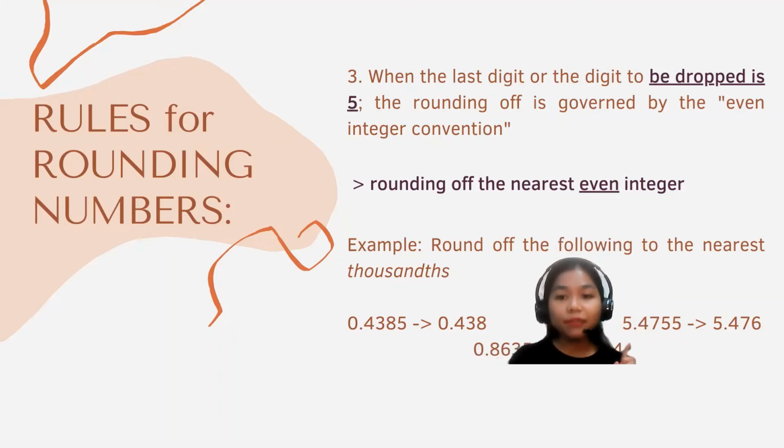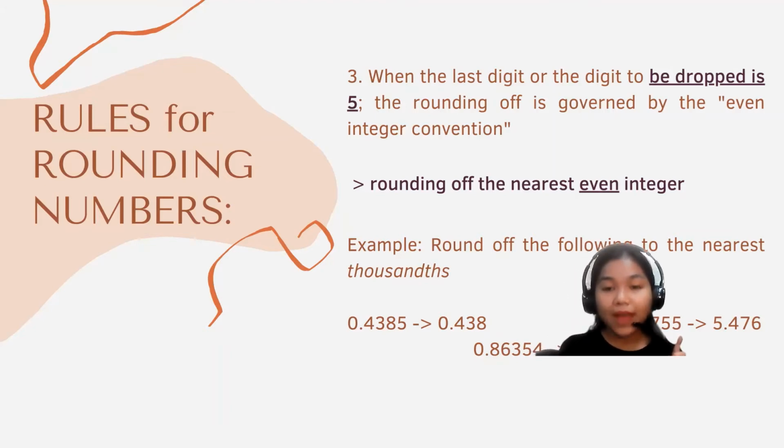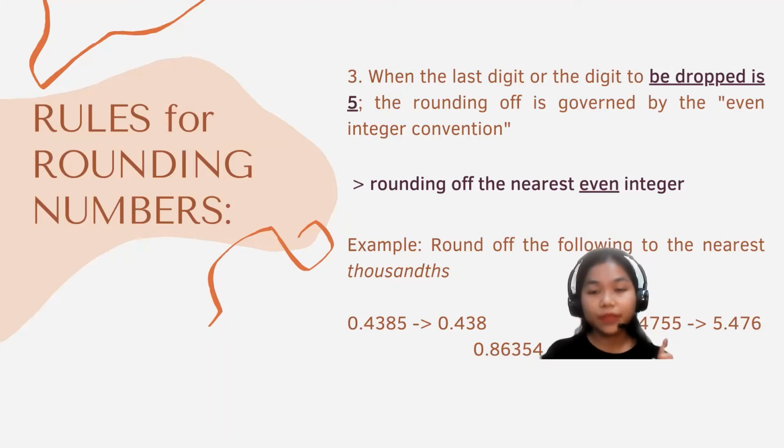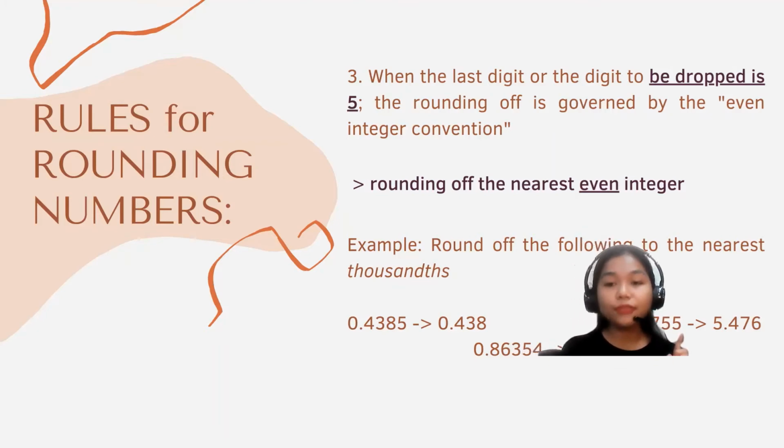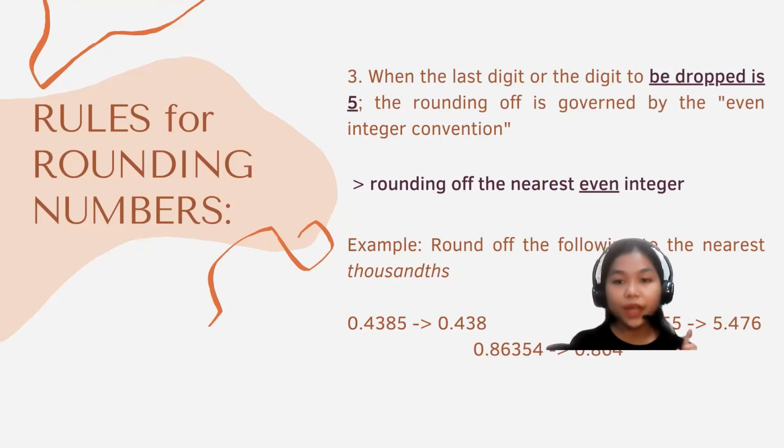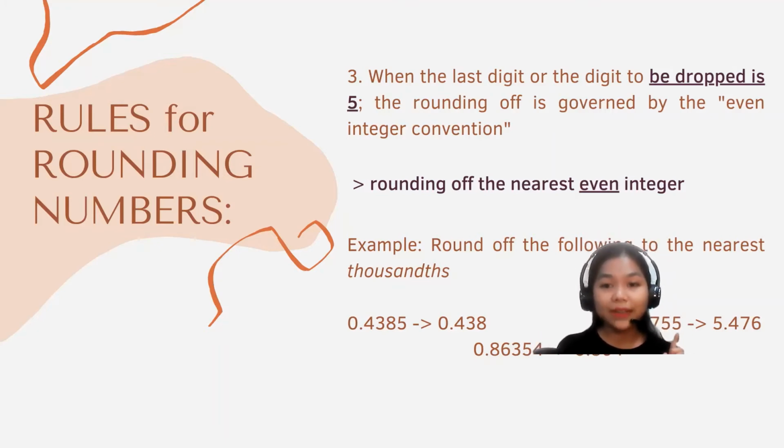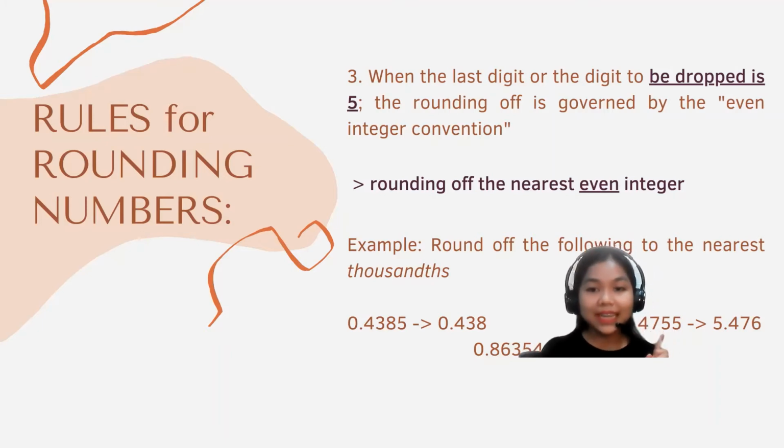So we're left with 5.475. 5 is the last digit. Its place value is thousandths. So after 5, we have another value and it's the same, no? It's still 5. So 5 is an even or an odd number? It's an odd number.